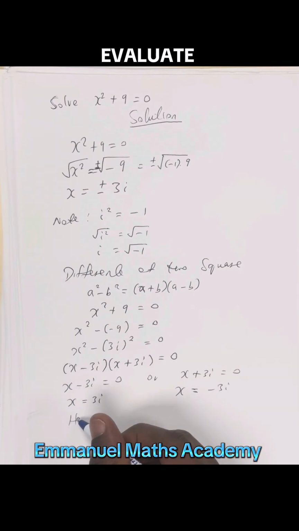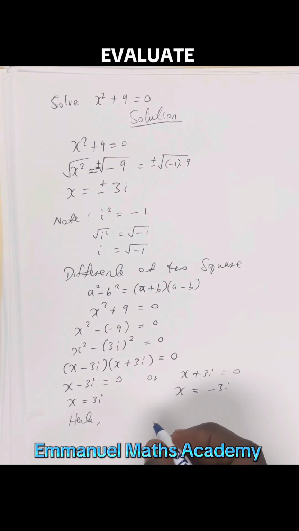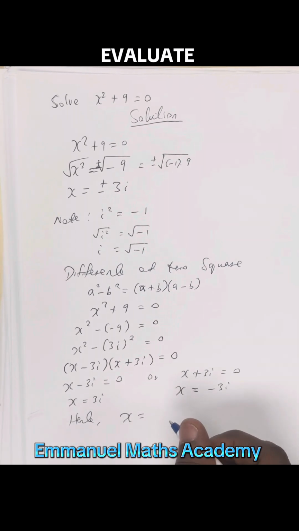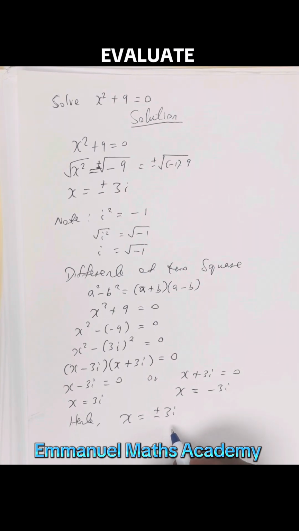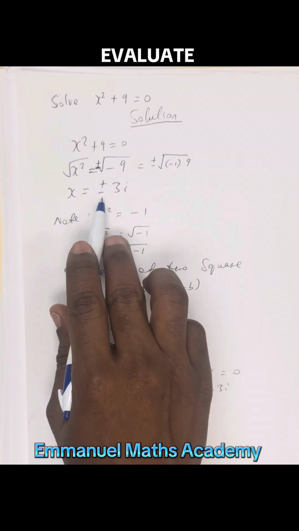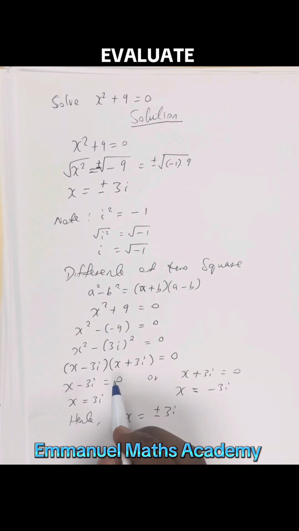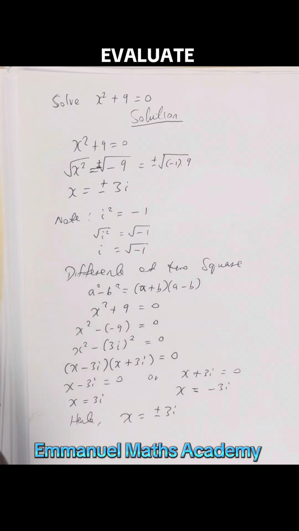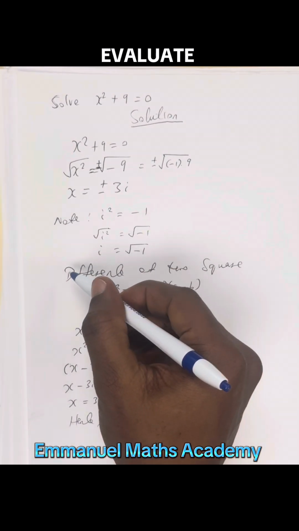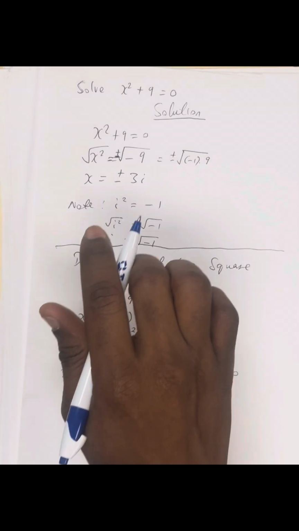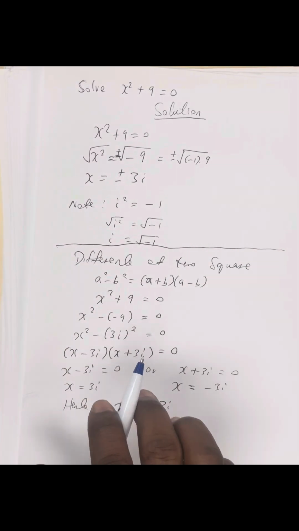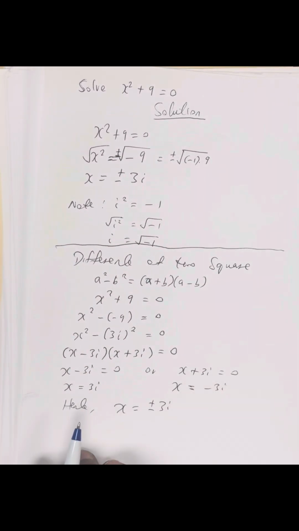Hence, x is equal to plus or minus 3i, which is what we got in our first method. So either you use this method or this method, you still get the same thing. So this is the direct method, and this is the other method using difference of two squares, right?